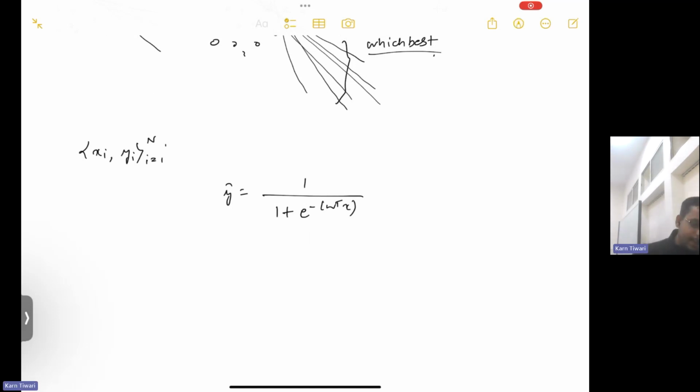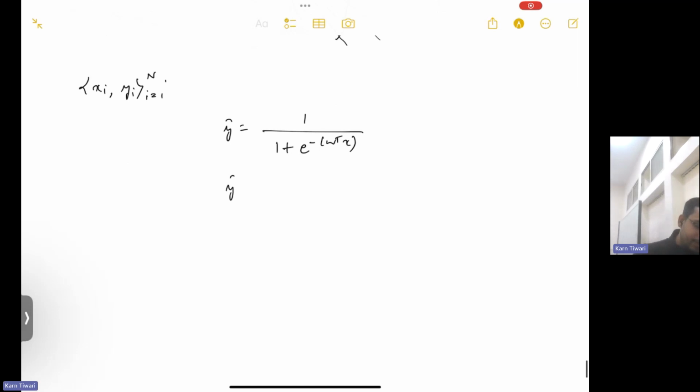Or you can simply write it as y cap is equal to w transpose x. This is an approximation we are doing here for classifying.